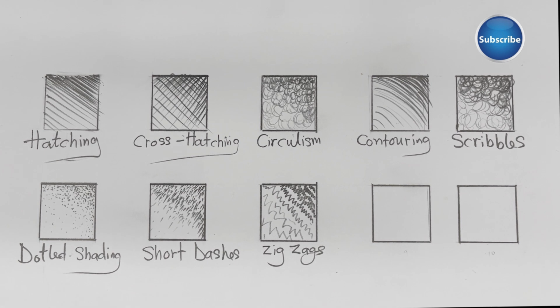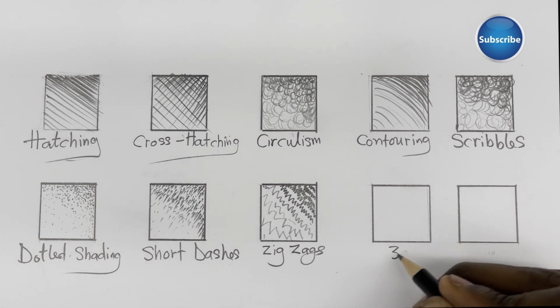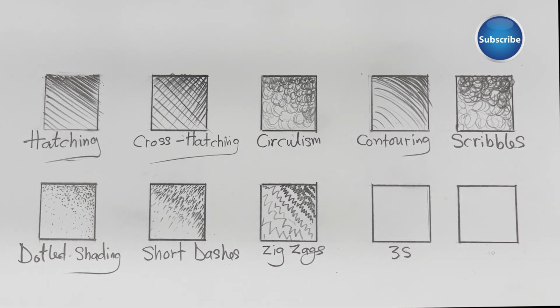Then the next one is called the 3S. It's simply a kind of shading where you use 3 or S together to form your shading. It's just like using these two letters or numbers to do your shading.